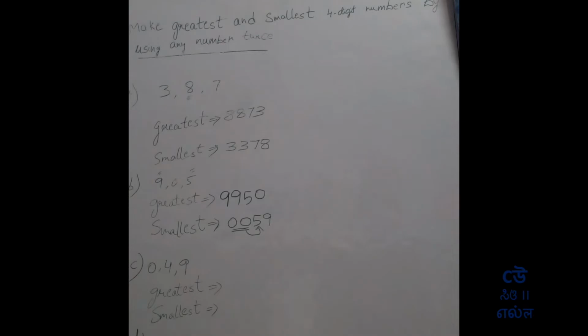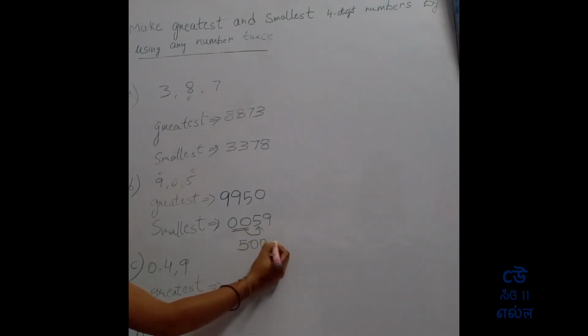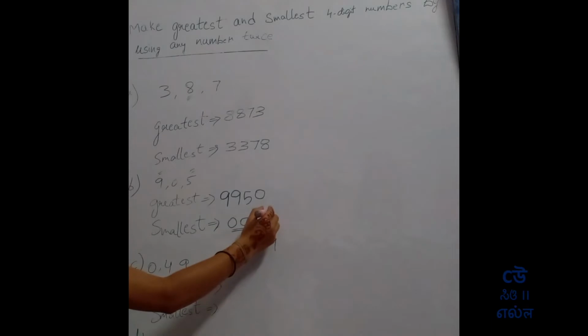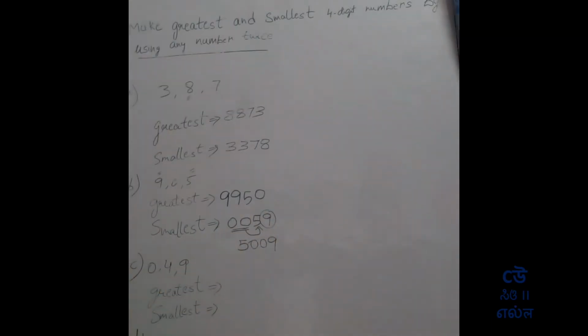Understood, children? We should not begin the number with 0. So what should we do? Shift these two zeros after the next number, that is 5. The 9 remains the same, so we are changing only this.